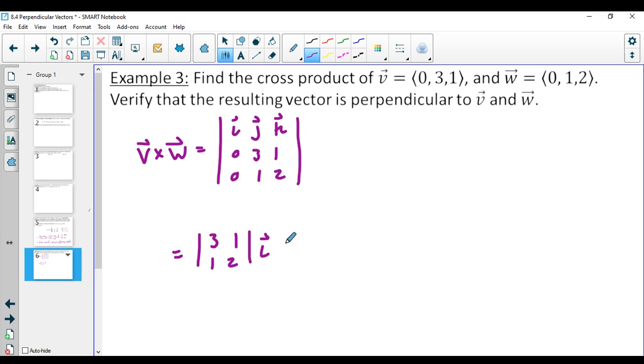i minus, because it starts out plus, then it goes minus, plus. Then if I cross out the j column and the row, what's left is 0, 0, 1, 2.